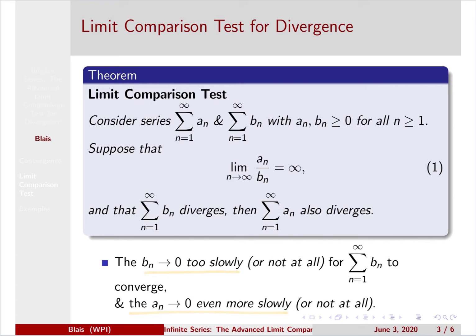That's the spirit of this test. Because of this race, you have like a race of two slowpokes. The term in the denominator is going to zero just too slowly. The term in the numerator is going to zero even more slowly, resulting in this infinite limit.